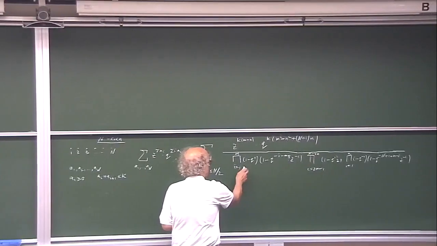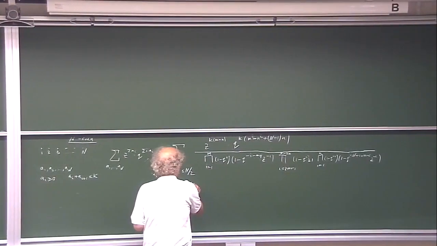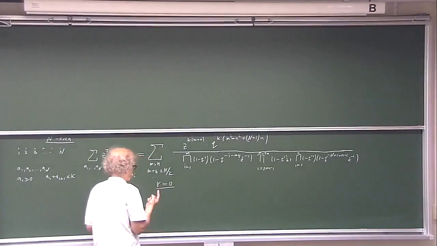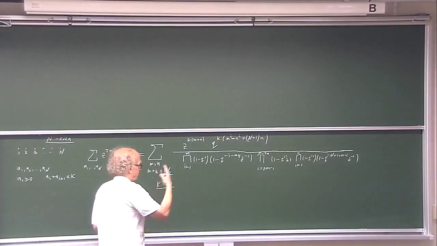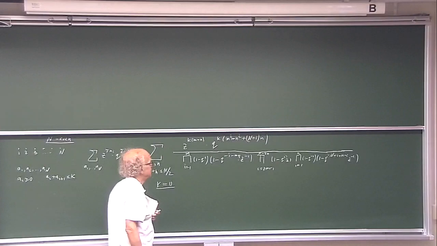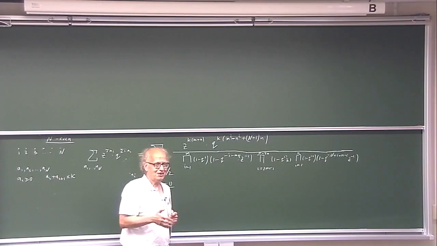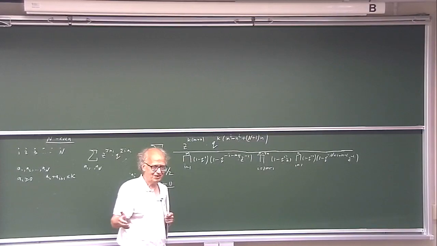If k equals 0, then it has to be equal to 1. Maybe because of a misprint it is not, but actually it is a sum of rational functions, and the sum has to be equal to 1.